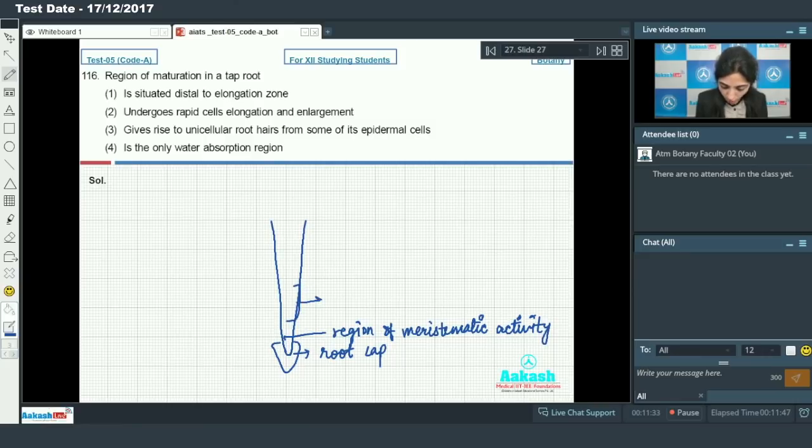This is the elongation region. And this is the maturation region, or region of maturation.